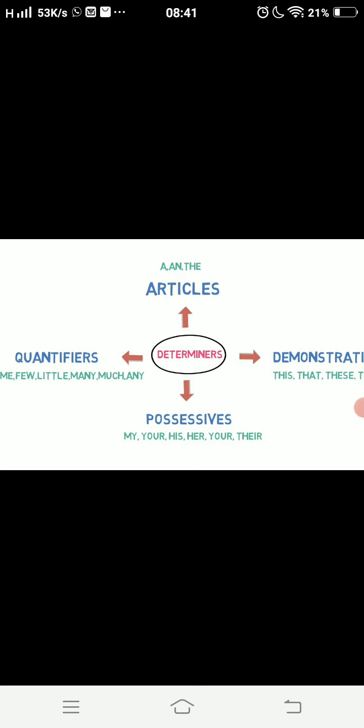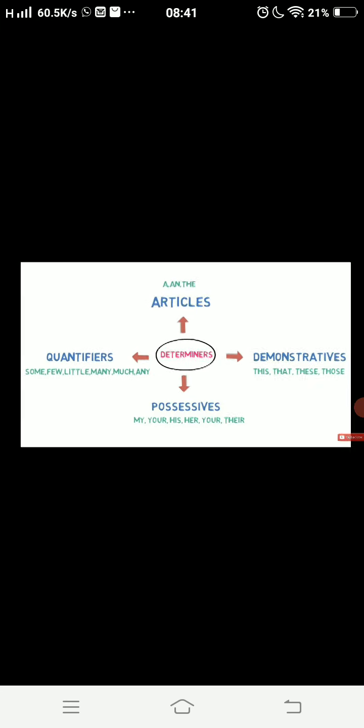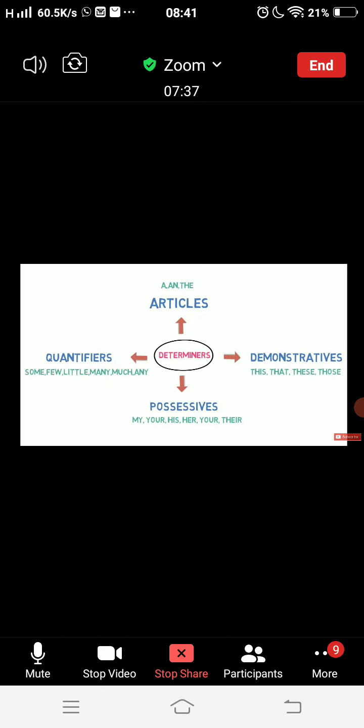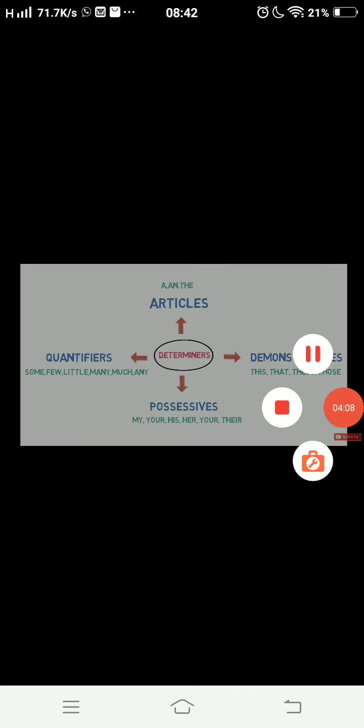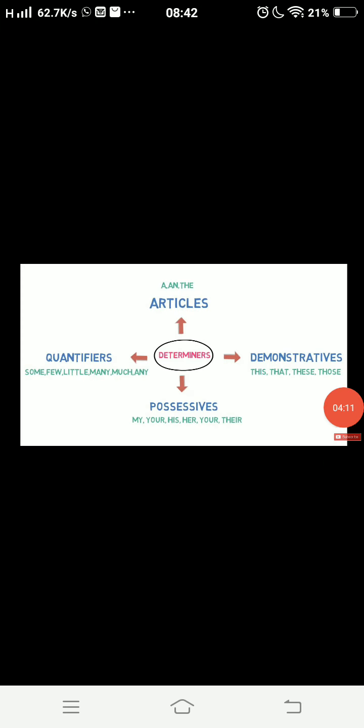We will be doing determiners of four kinds. We will classify it into different kinds. In your book, it is not elaborated properly, so don't follow only that book. You just write down this explanation. You can jot down these slides on your grammar books. In your grammar book demonstrative is given, possessive is given, but articles and quantifiers are not described, so we have to do quantifiers also, in detail.